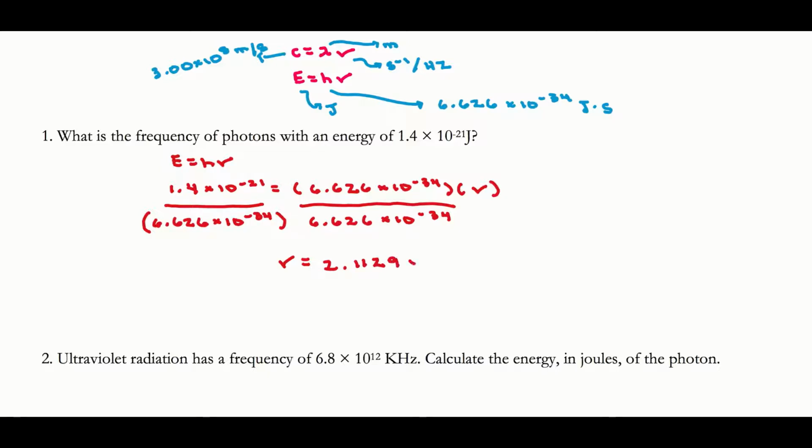Keep in mind, let's figure out how many sig figs. Well, 1.4 has 2 sig figs. 6.626 has 4 sig figs. So I want 2 significant figures. So this is going to be 2.1 times 10 to the 12th. And my units for frequency are going to be seconds to the -1 or hertz.